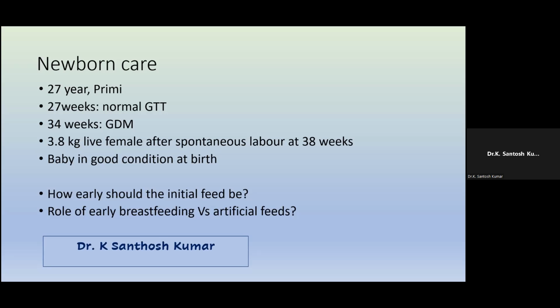And breastfeeding has been shown to reduce the long-term complications in babies born to mothers with gestational diabetes. They are more prone to diabetes themselves in later life, and more prone to metabolic syndrome. So breastfeeding reduces the risk of these infants developing these long-term complications.